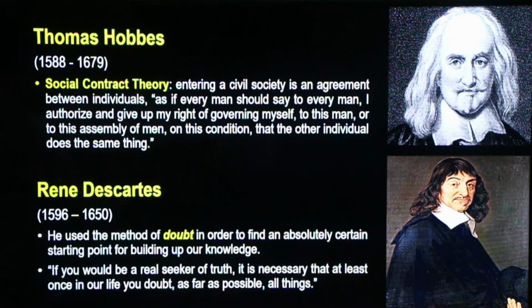And skepticism is basically doubting in order to arrive at the truth. In order for you to attain clear and distinct knowledge, or in order for you to arrive at the truth, you have to literally doubt everything. In fact, he doubted his own existence, or the existence of his own self.